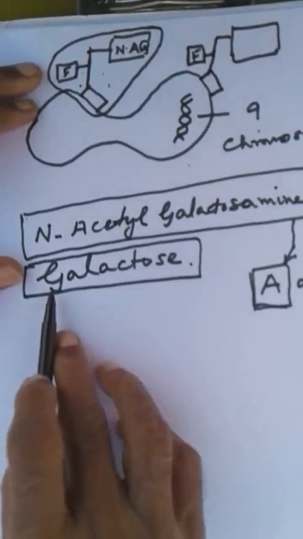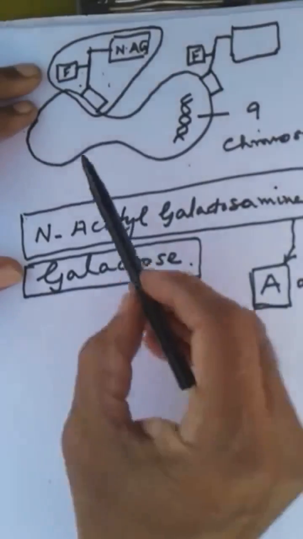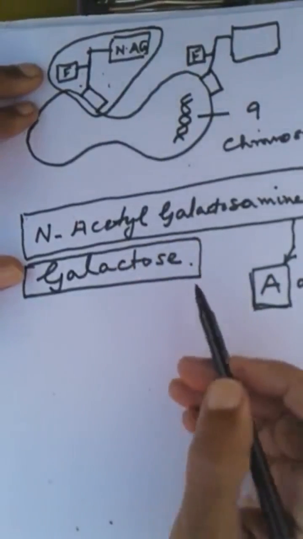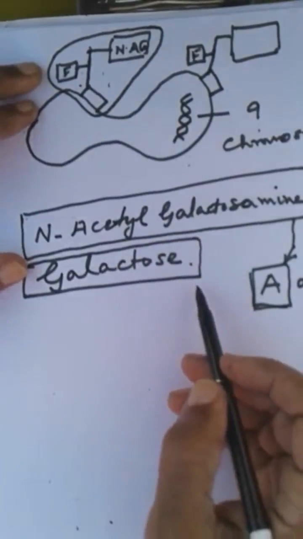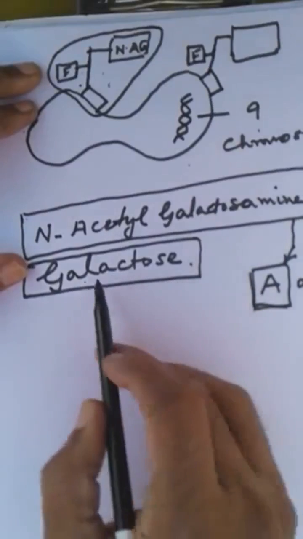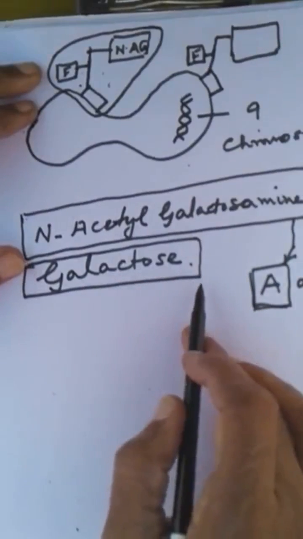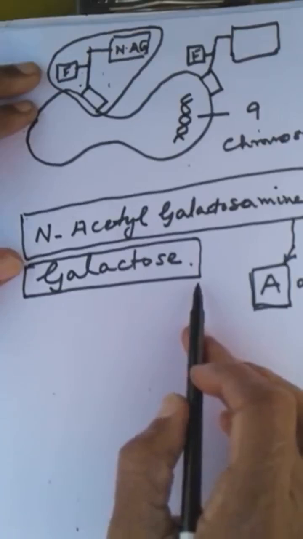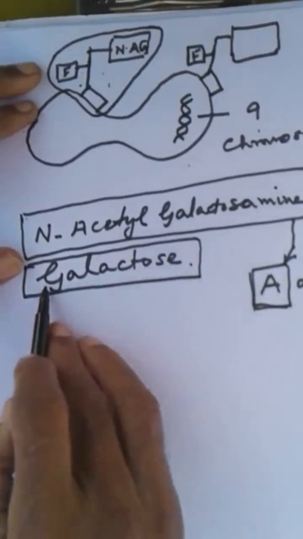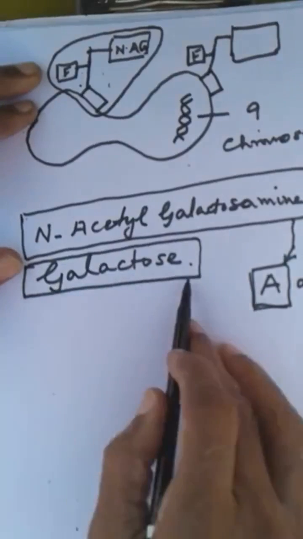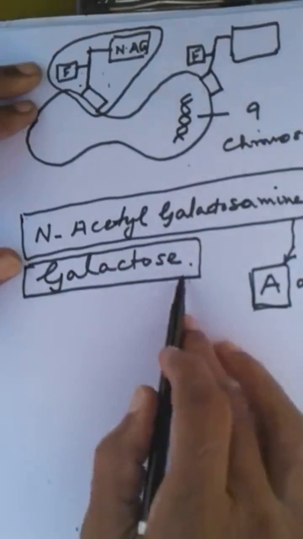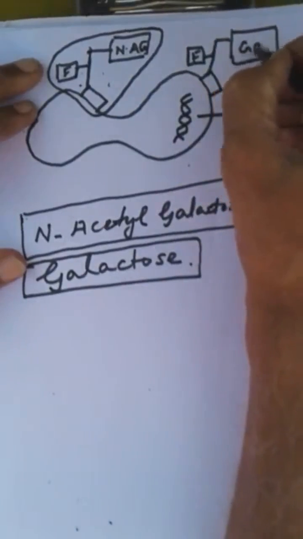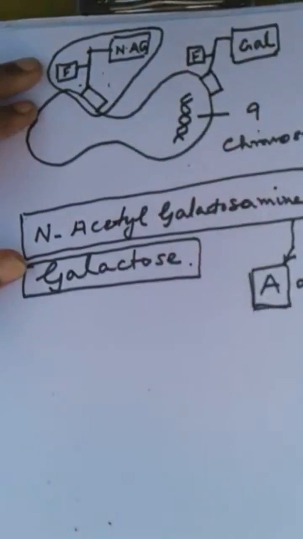So, when galactose is transferred from this area with the help of galactose transferase or galactosyl transferase, the enzyme, the name of the enzyme is also very important. That enzyme is attached to the fundamental substance. So, you can easily identify that. So, here it is only galactose.